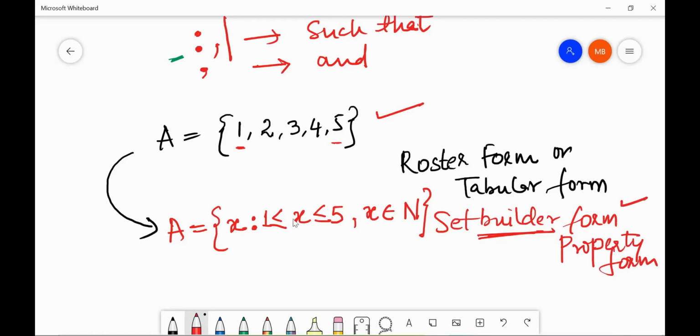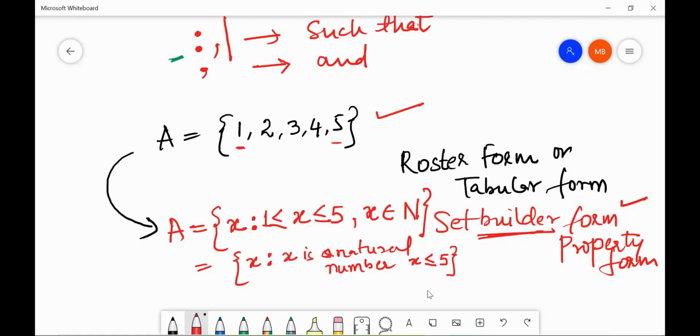1, 2, 3, 4, 5 can be represented as, if you find this form difficult, to begin with, for beginners, you could write it as x is such that x is a natural number and x is less than or equal to 5.